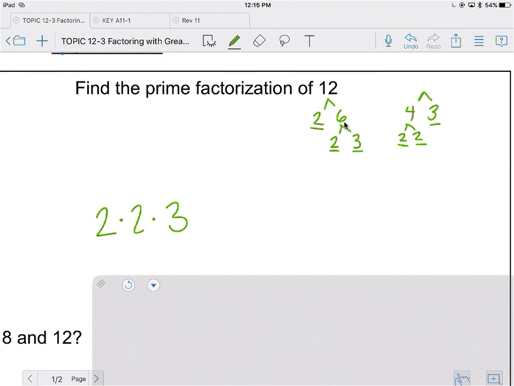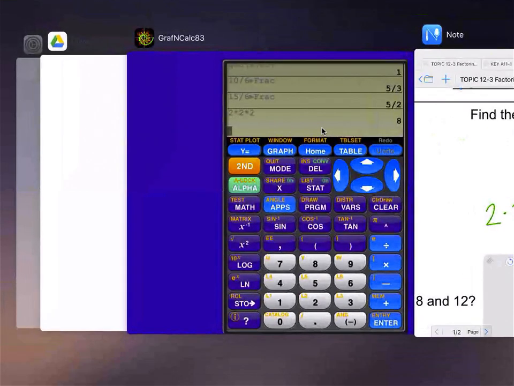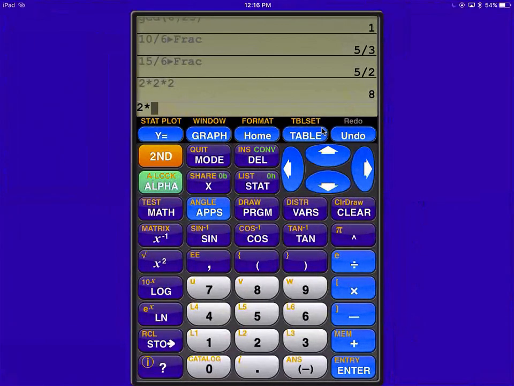So we wouldn't put 2, 2, 3, 6, because 6 is comprised of 2 and 3. You break 12 all the way down until you can't go any further. So 2, 2, and 3 are my leaves, the ends of the branches, and there I'm done. To double check, 2 times 2 times 3 is 12.